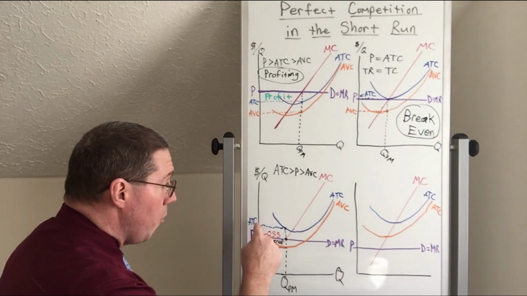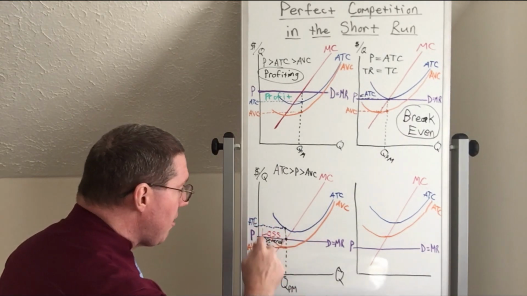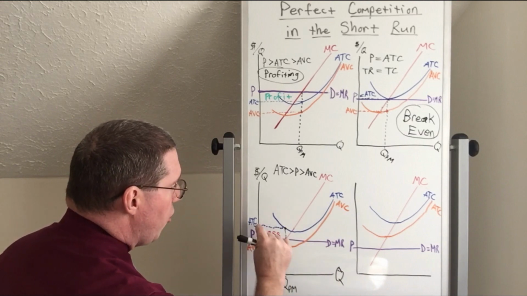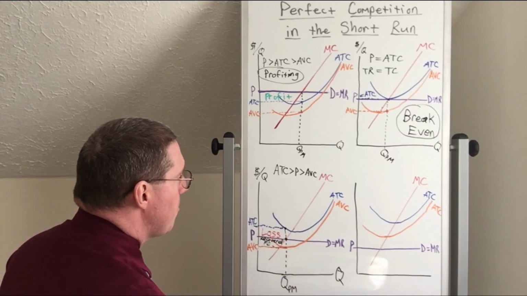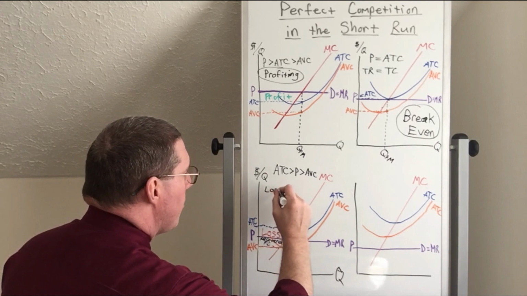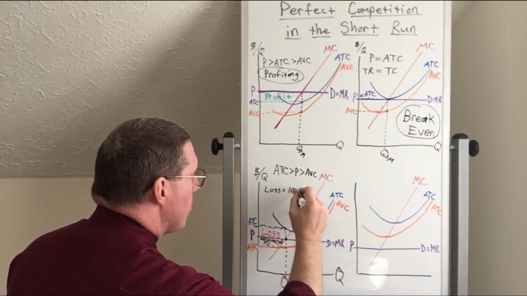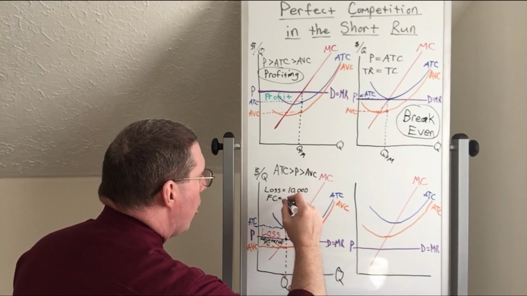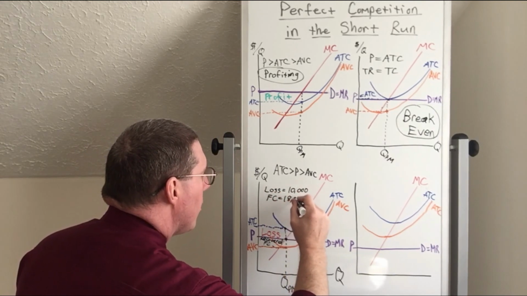And remember, we said that if the firm recovers some of the fixed costs, let's say that our loss is 10,000, but our fixed costs are 18,000.